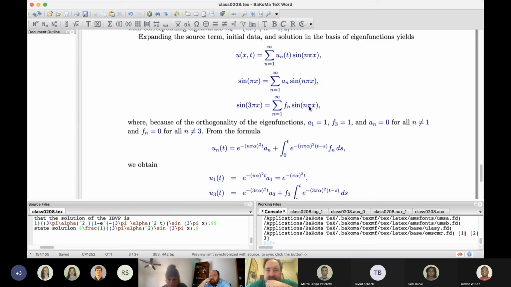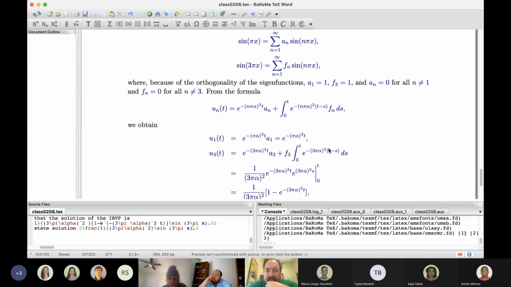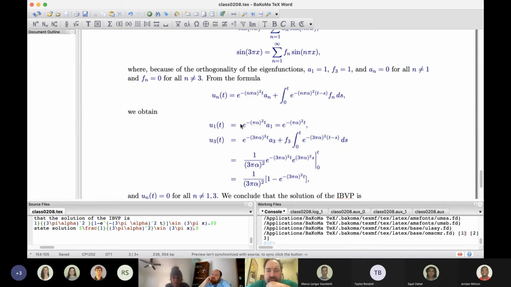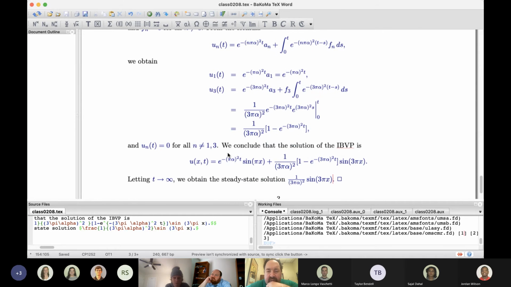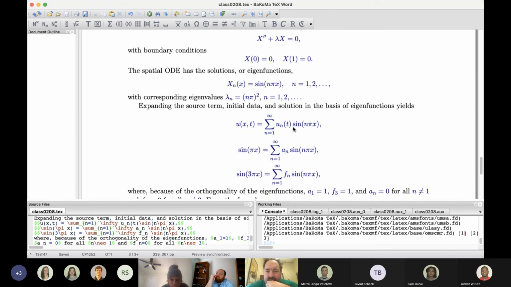So then, for whatever an and fn you get, you just work out what the solution formula is, and depending on the particulars of your problem, you may have certain terms not present, or you may have certain un of t just being 0 if an and fn are both 0. Whatever coefficients you do get, you put them in here, and that is your solution.